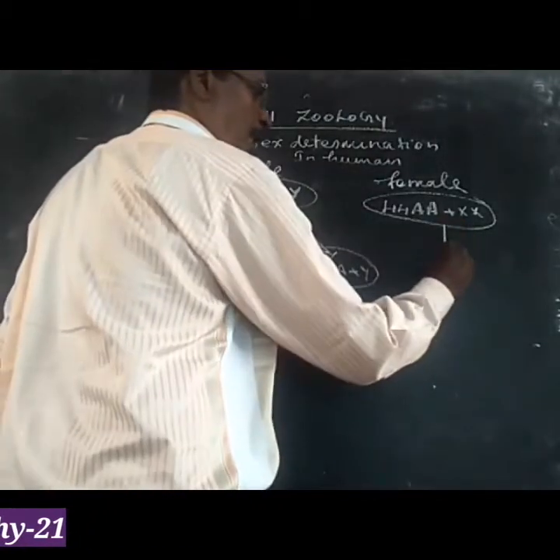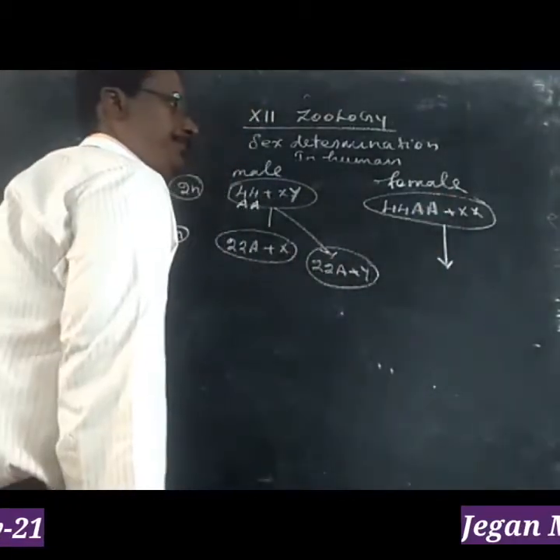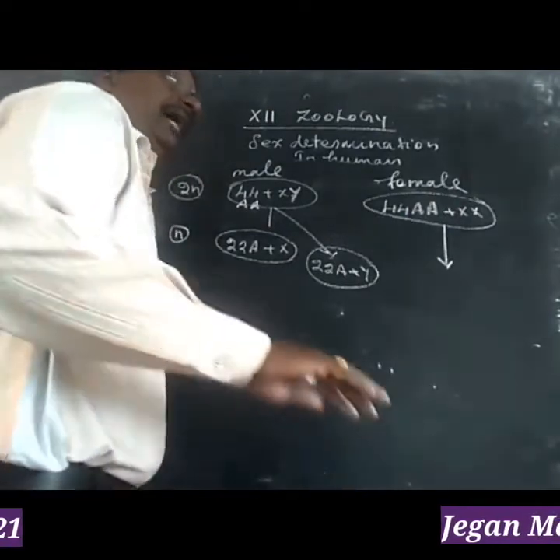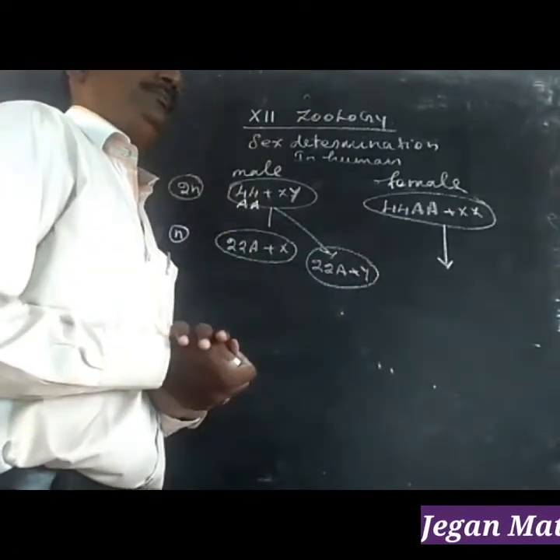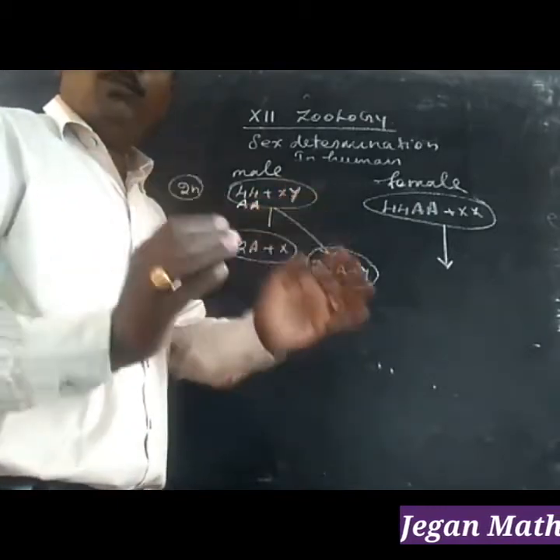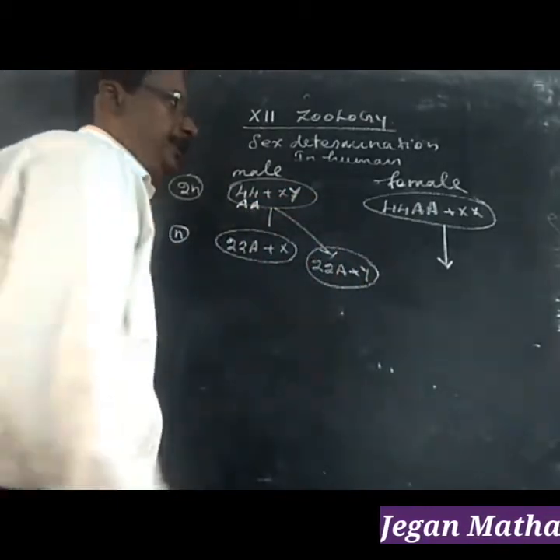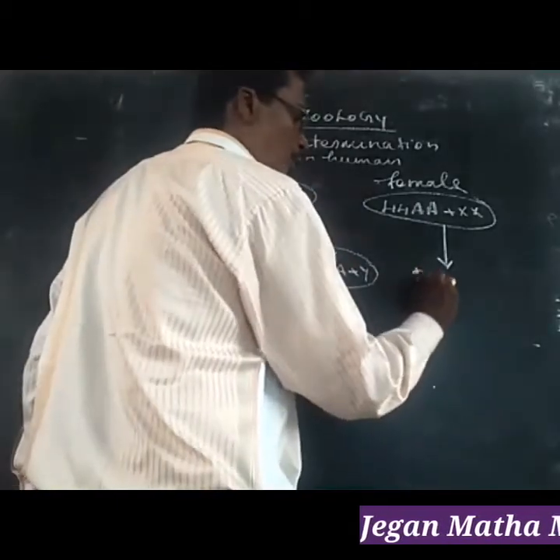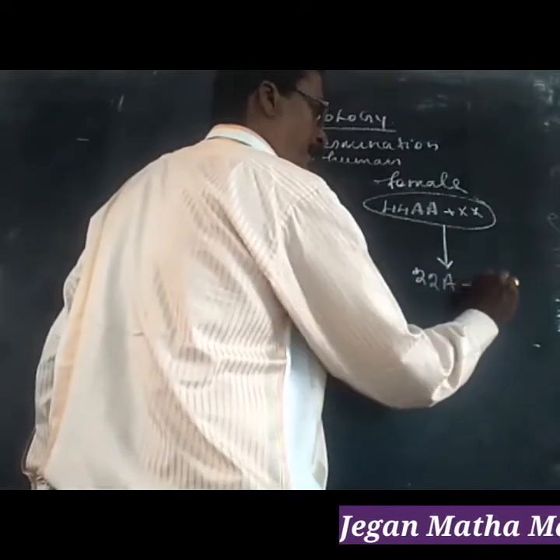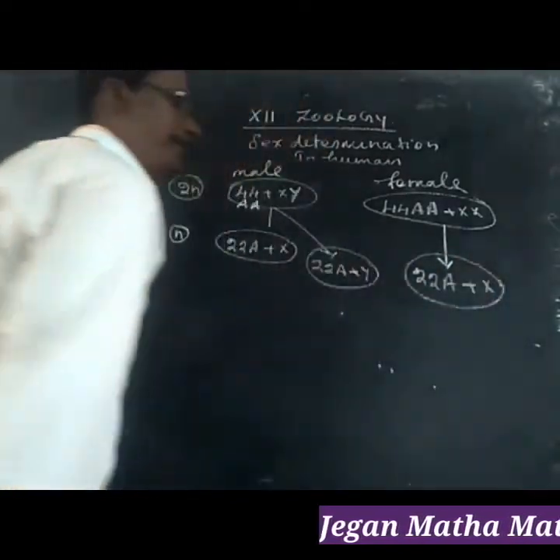In the female, they produce only one type of gametes, meaning all the gametes are identical. So it is called homogametic. Here they have 22A plus X chromosomes.